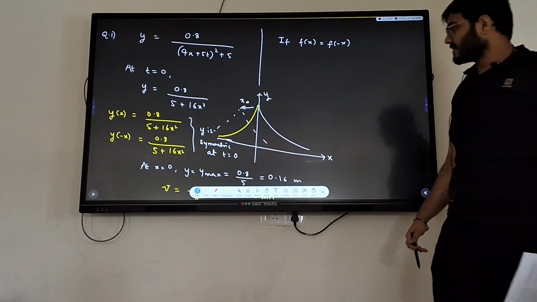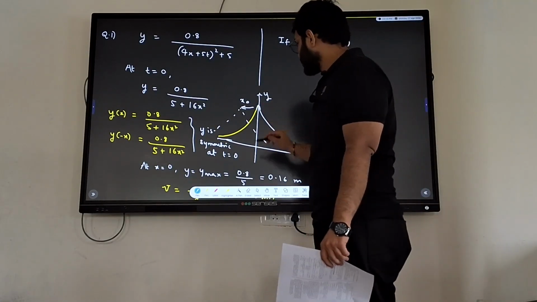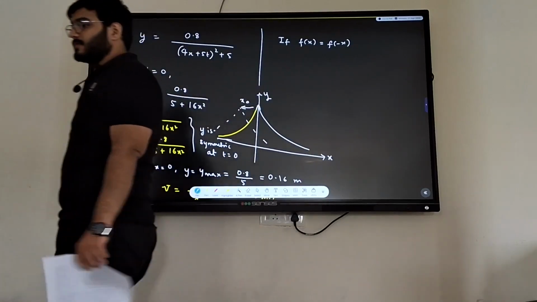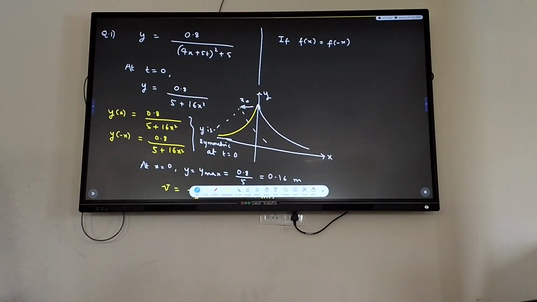Maybe the graph is not exactly like this. The velocity is minus the coefficient of t divided by the coefficient of x.